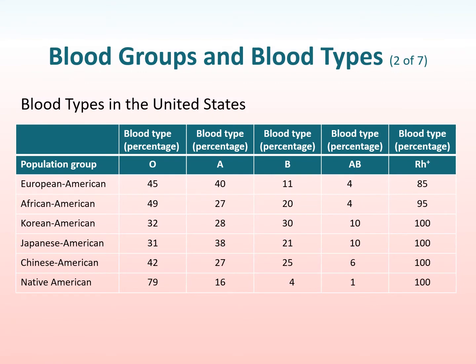Explain the importance of the classification of blood into blood groups and blood types. These are population groups called European, African, Korean, Japanese, Chinese, and Native Americans. And you'll notice their blood types. You'll notice that Native Americans are mostly blood type O, 79%.